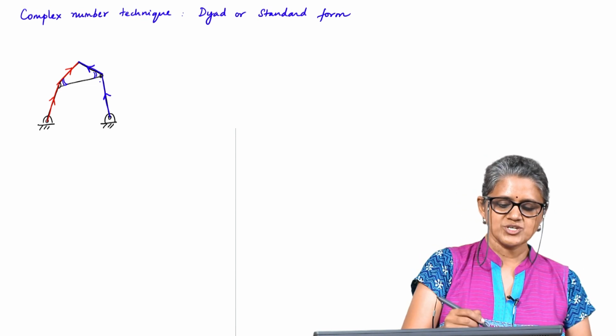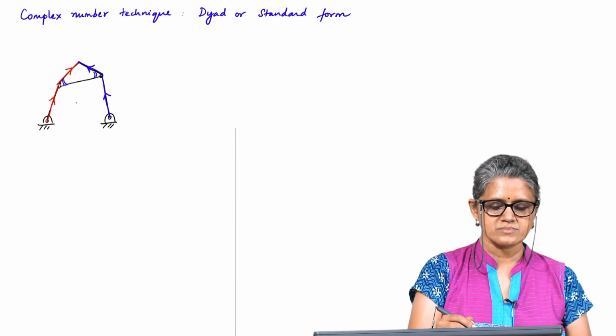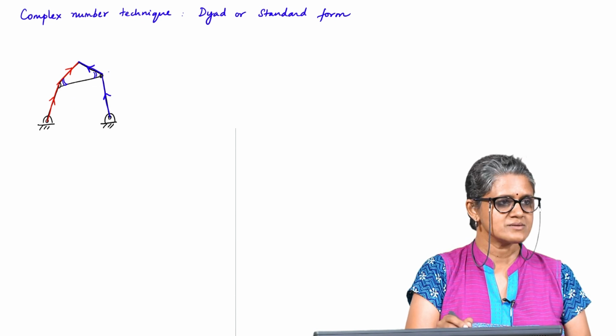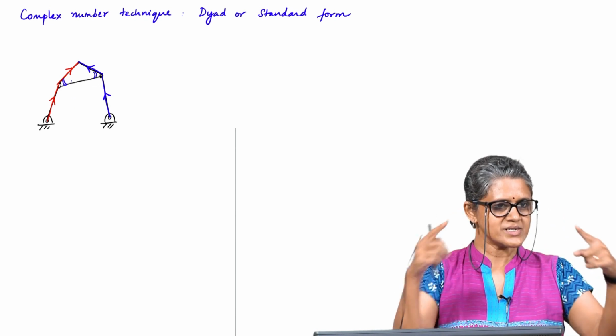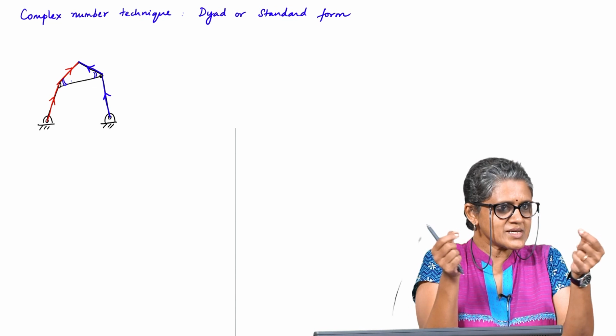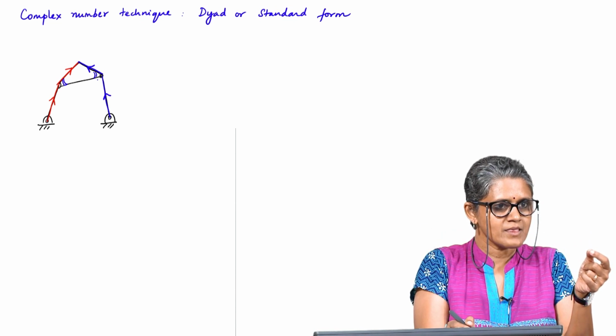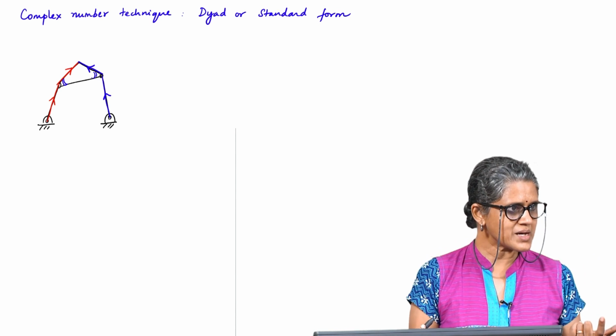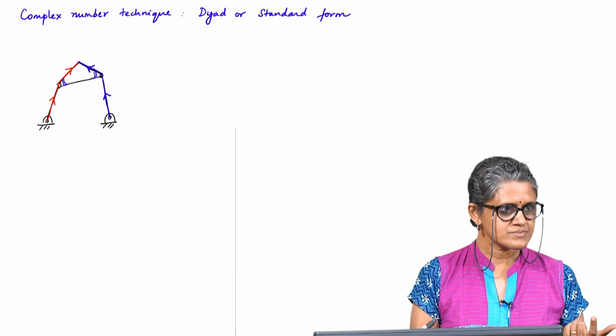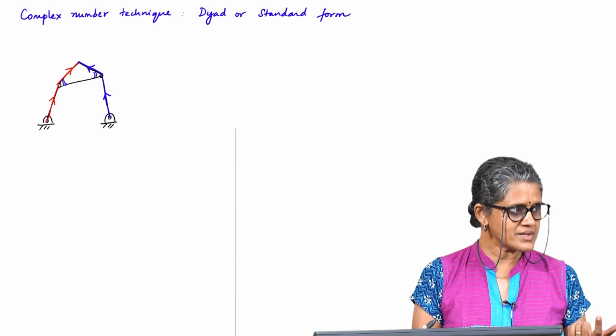So, I could actually connect. So, I take two dyads and basically connect these two with a rigid rod, then I would form a 4 bar, right.